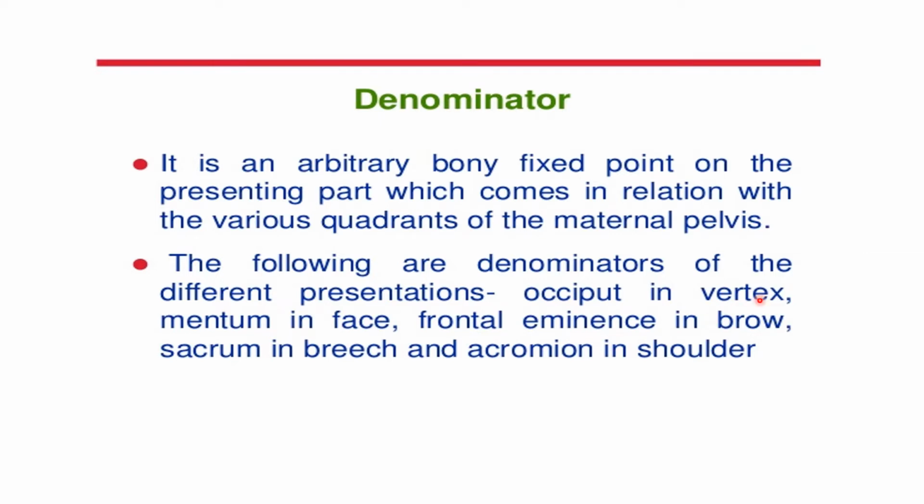In the case of vertex presentation, occiput is the denominator; in face presentation, the denominator is mentum; in brow presentation, the denominator is frontal eminence; in breech presentation, the denominator is sacrum; and in shoulder presentation, the denominator is the acromion process of the shoulder. Just learn all these denominators by heart.